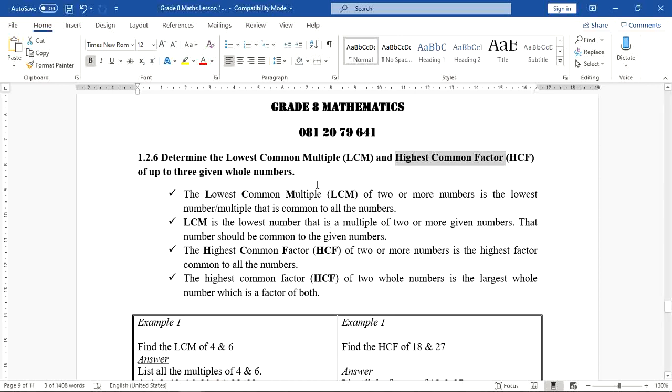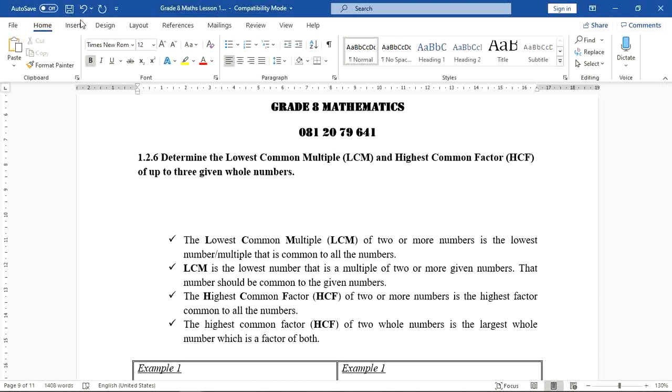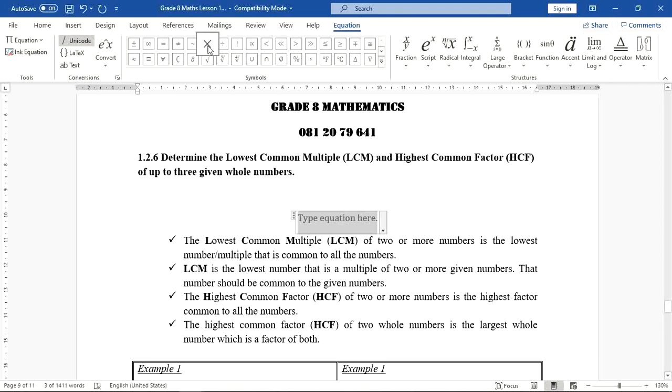So for instance, if I say 2 times 5, the answer will be 10.